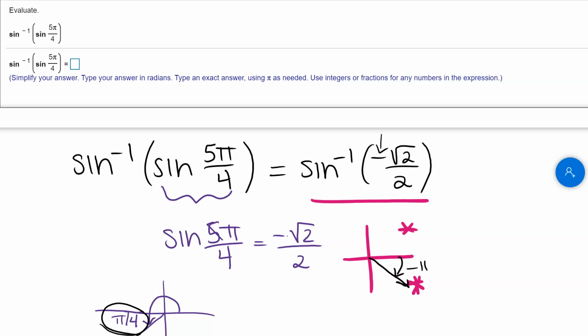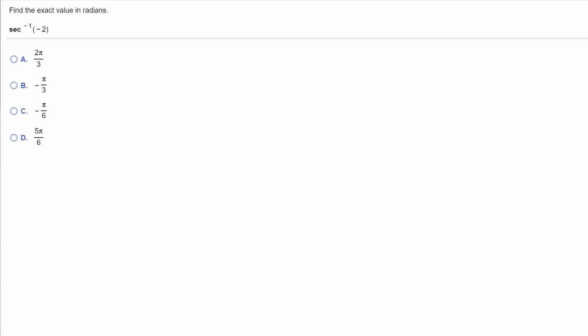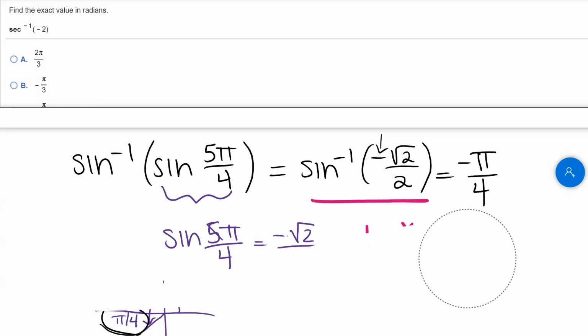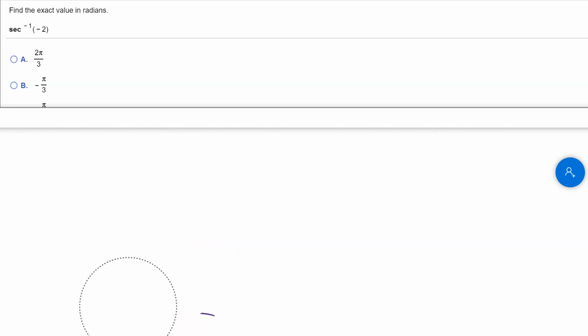How do I push that down into the fourth quadrant? I just make that negative. Okay, so please be careful. The inverse functions don't always undo each other because we've restricted the domains. Okay. All right, I know I'm kind of slow at this. Secant of negative 2, we're going to do the same thing that we did with that cosecant of negative 2. So secant of negative 2.